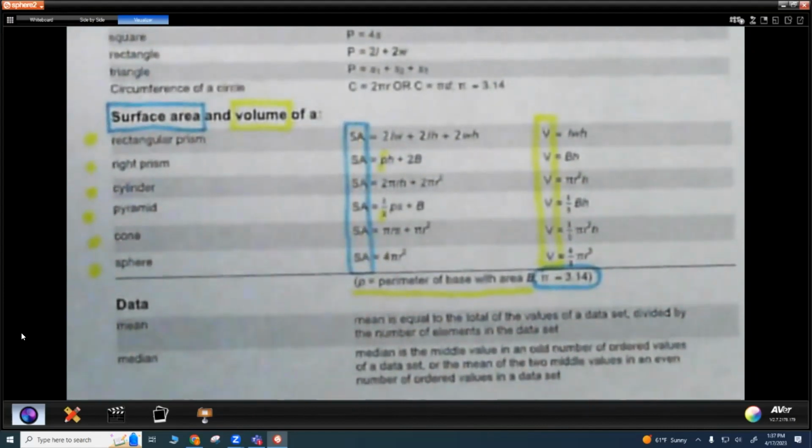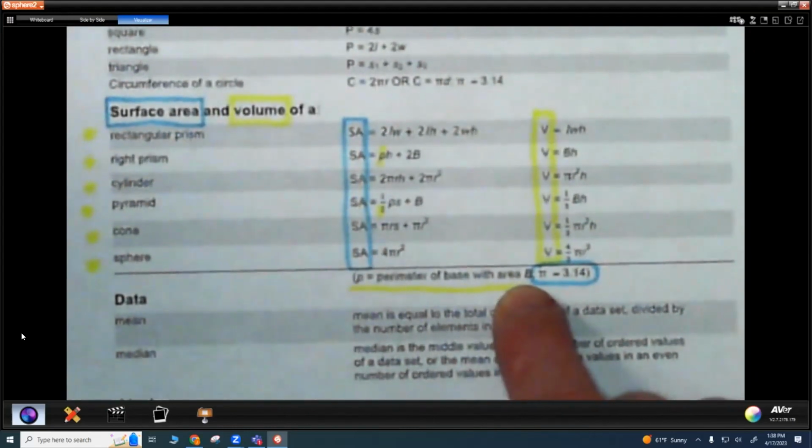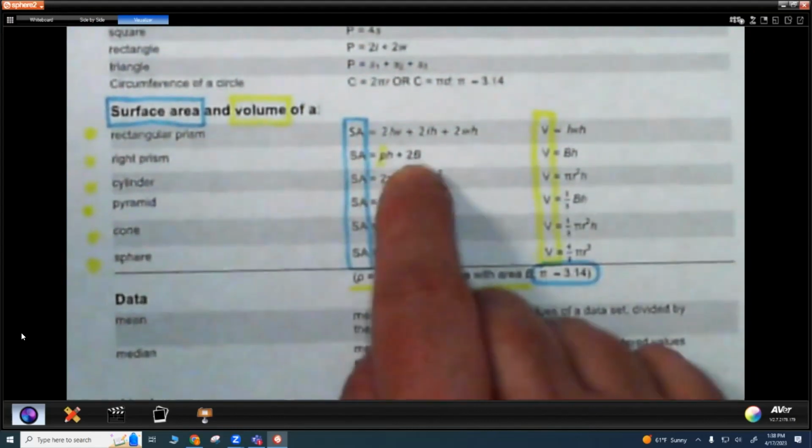So length, width, height. Capital B means we're referring to the base, and I think it's the area of the base, yeah. So capital B is the area of the base. Hopefully that makes sense.